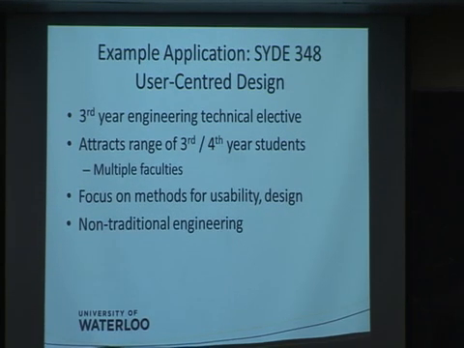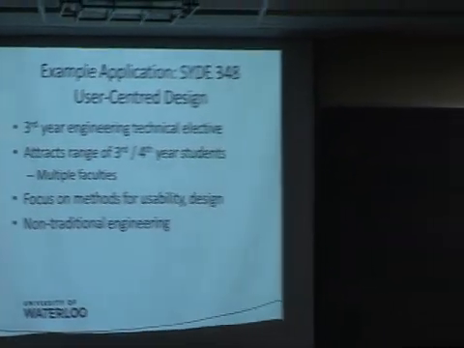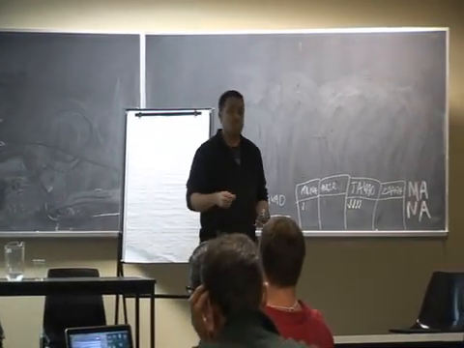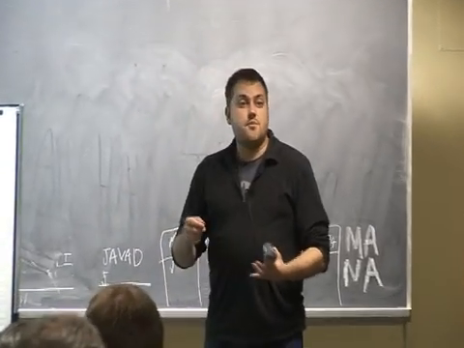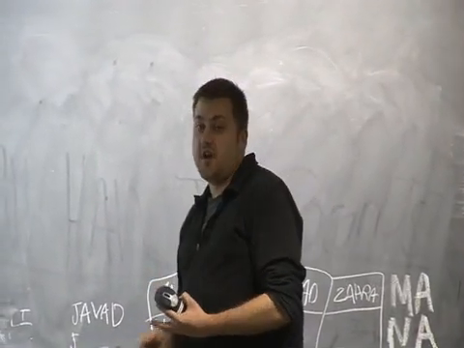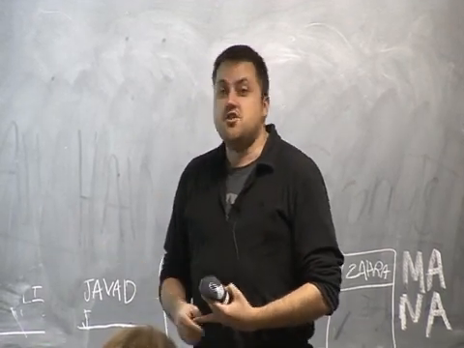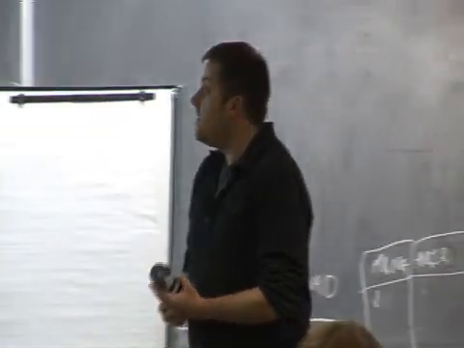We tend to get a pretty good range of third and fourth year students, and they're not all systems design engineering students. And that's one of the things I really enjoy about teaching the course. We get people from a really broad array of backgrounds, from kinesiology, from computer science, as well as some of the other types of engineering. Mechatronics engineers typically enjoy taking the course as well.